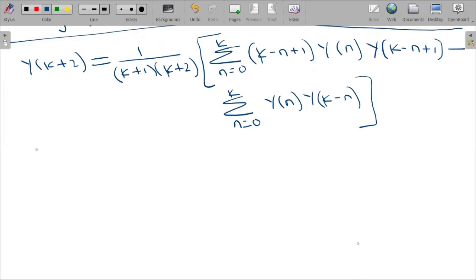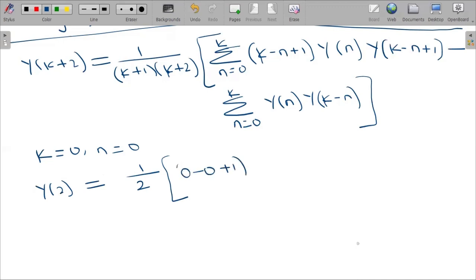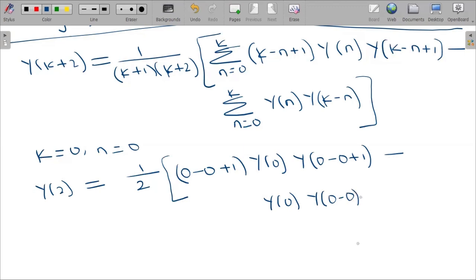So when k is 0, n is 0. That means we're going to have Y(2) equal to 1 over 2 into, since both k and n are 0, it's going to be (0 minus 0 plus 1) Y(0) Y(0 minus 0 plus 1) minus Y(0) Y(0 minus 0).